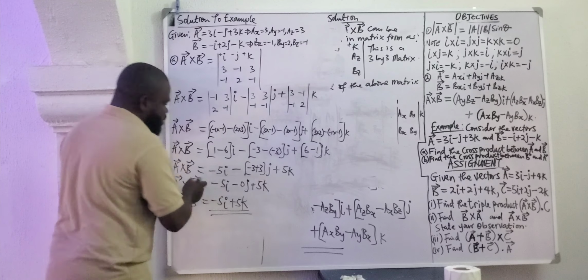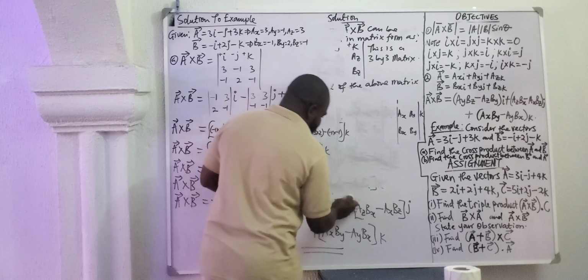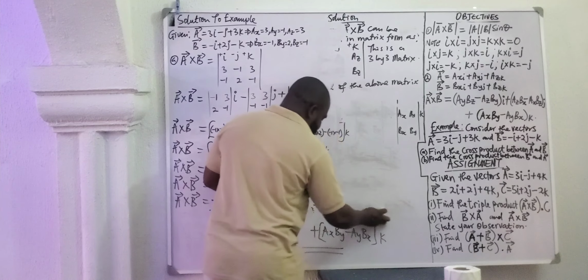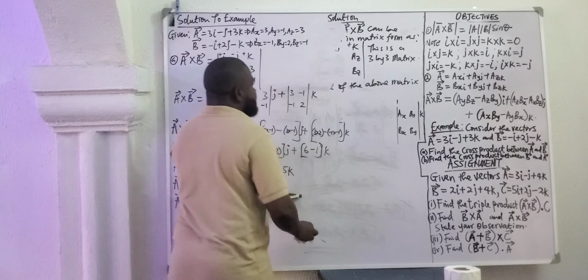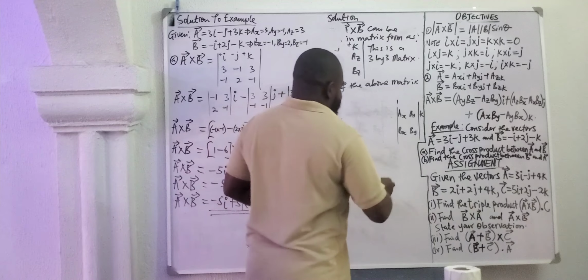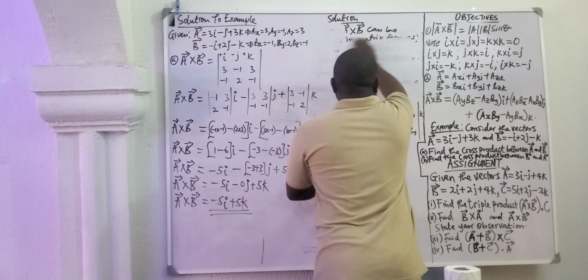If you check very well, this is the same as the answer we got for the last class. So that confirms that whichever method you use, you will still arrive at the same answer. Now, there is a law that we want to confirm.